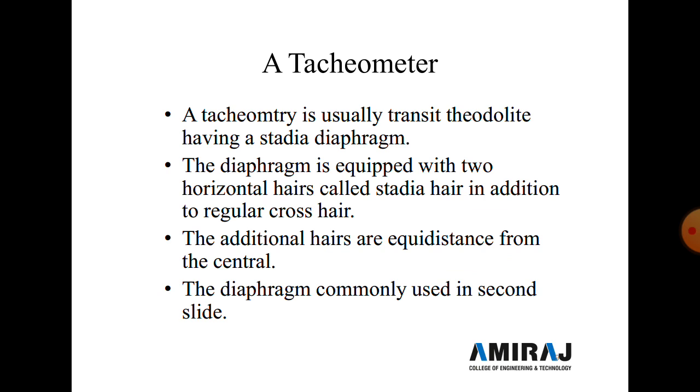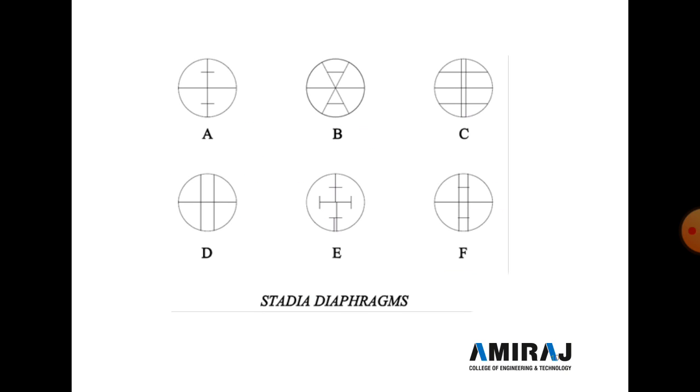Now the diaphragms commonly used. On this slide there are different types of diaphragm with different crosshairs. The first one has a central crosshair; these two are the target, and the upper and bottom ones are the main crosshairs. Similarly, here top, bottom and central crosshairs are given.